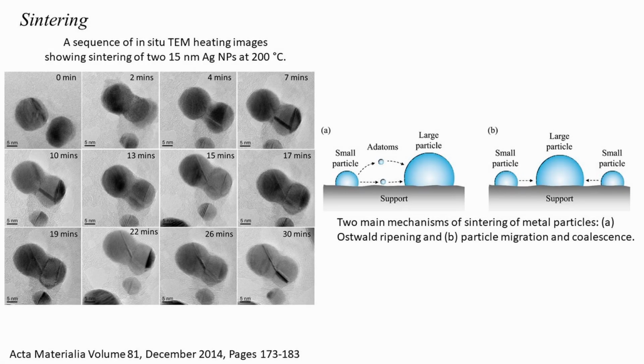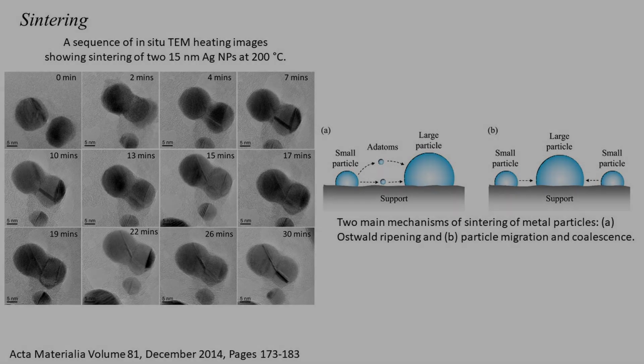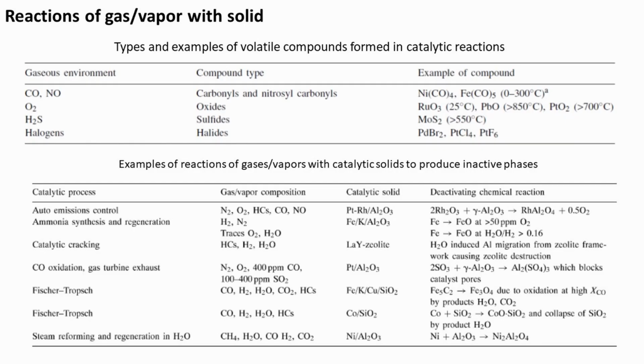The use of in situ transmission electron microscopy techniques that are capable of monitoring dynamic processes in individual nanoparticles in real time can resolve the uncertainties that arise from postmortem experiments. Metal loss through direct vaporization generally plays an insignificant role in catalyst deactivation.